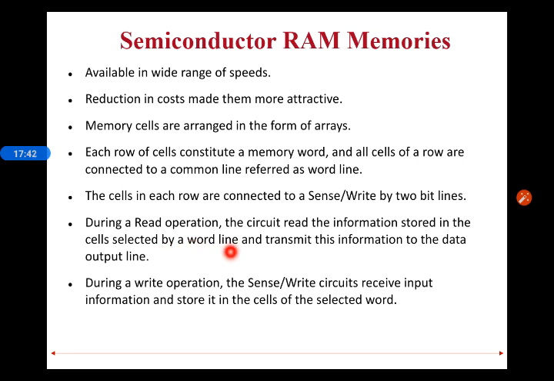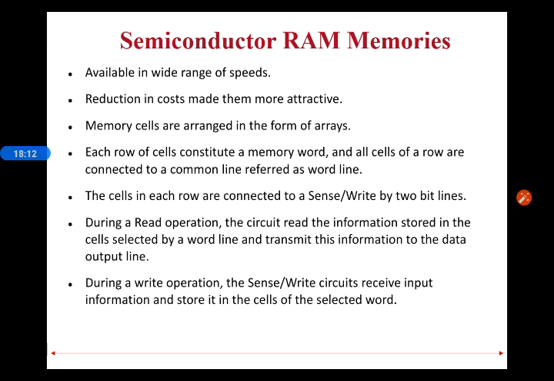So the word line is responsible for selecting the cells during the read operation. The word line will select the cells and transmit this information to the data output, that is the bit lines. So the responsibility of the word line during a read operation is to select the appropriate cell, and the bit line or the data output line will carry the information that is requested.